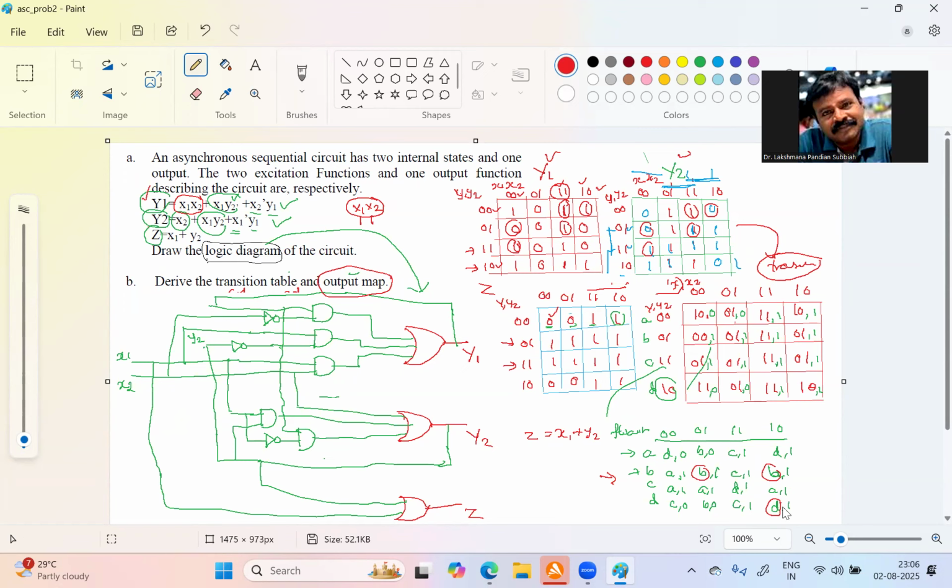This is the flow table for this logic diagram, right? So this is the flow table. This is the flow table for this diagram.